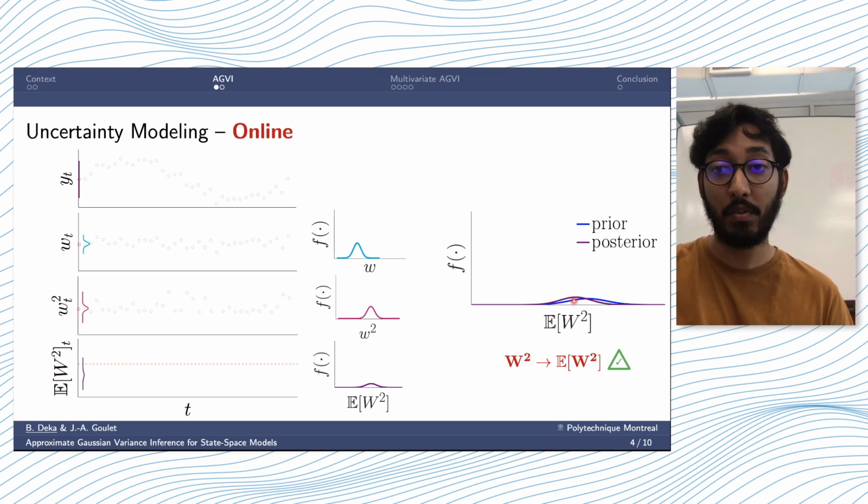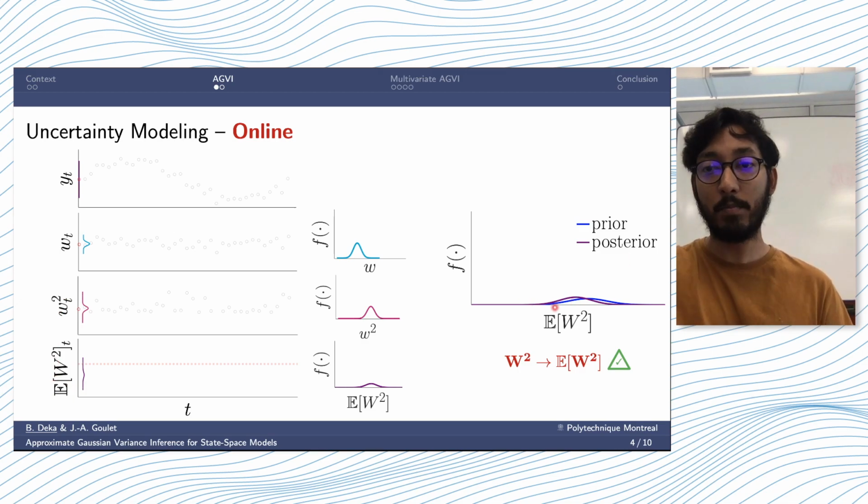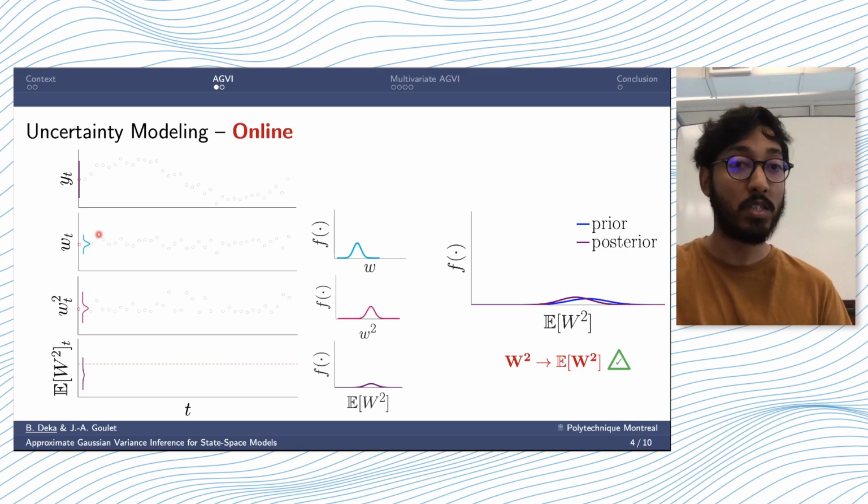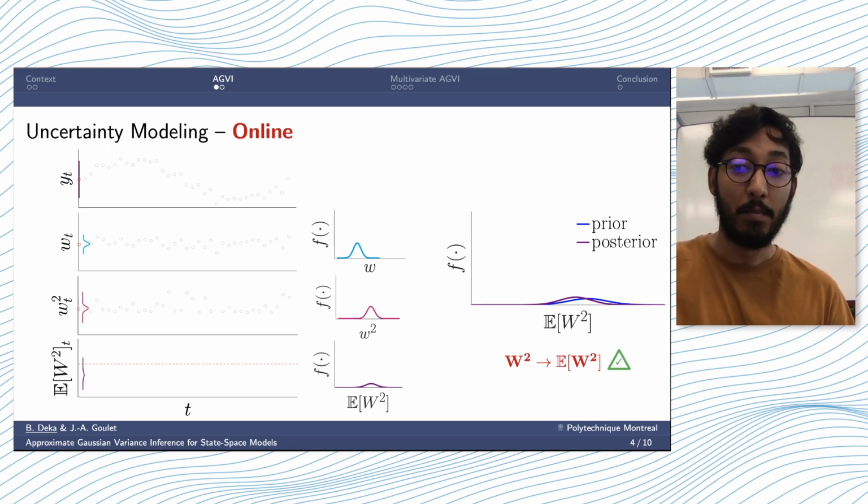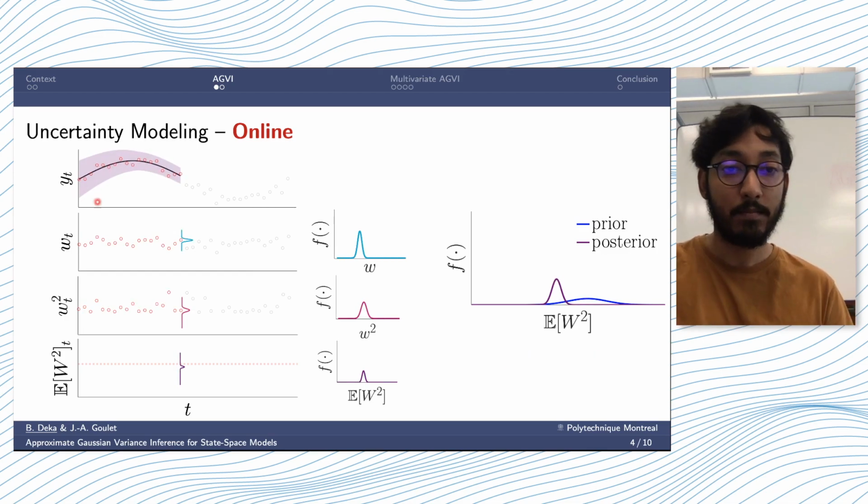Now from this figure, you can see there's not much difference between the prior and the posterior, because we just observed one data point. So there is not much information to learn from that one data point. But as we see more data points, you'll see that the distribution for the expected value of W squared is moving closer to the true value, which is denoted by this red dotted line.